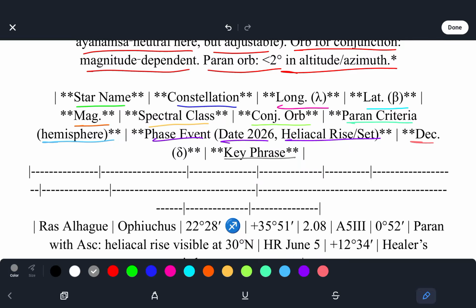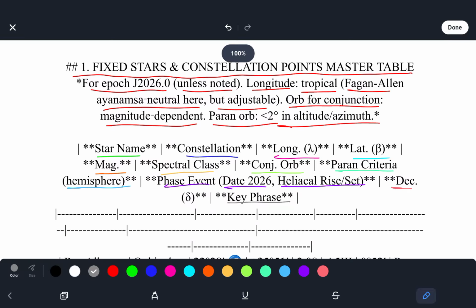So this seems like a lot here, and it is quite a lot. But we're branching out from astrology to astronomy here, all right? There are some astrological factors in this, but it's not all astrology.